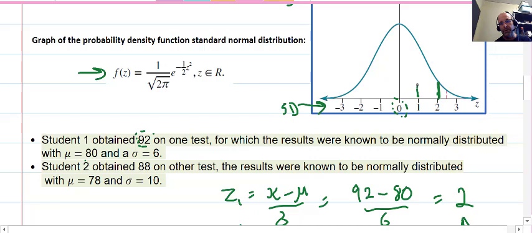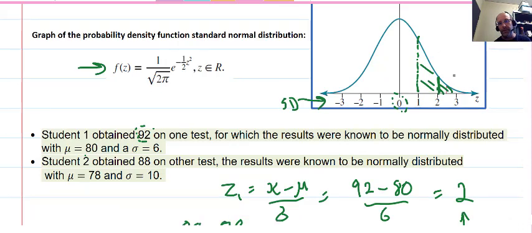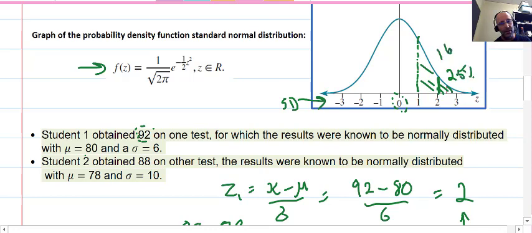Whereas student 2, above average, but there's a greater proportion ahead of them. So student 1 has done better. We'll see in a future video that student 1 has only 2.5% of the students ahead of them, and student 2 has 16% of students ahead of them.